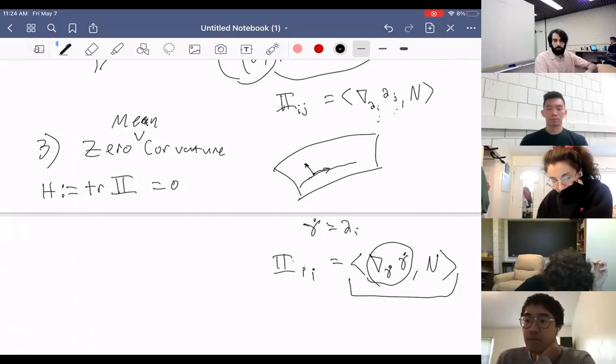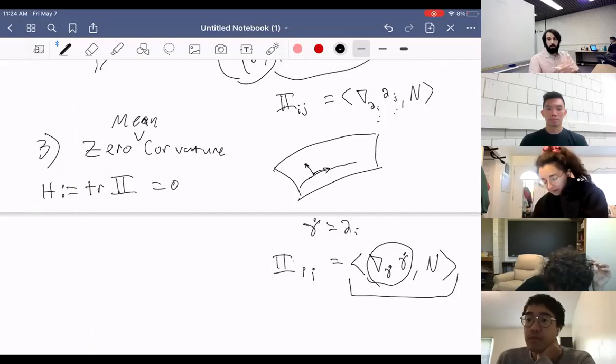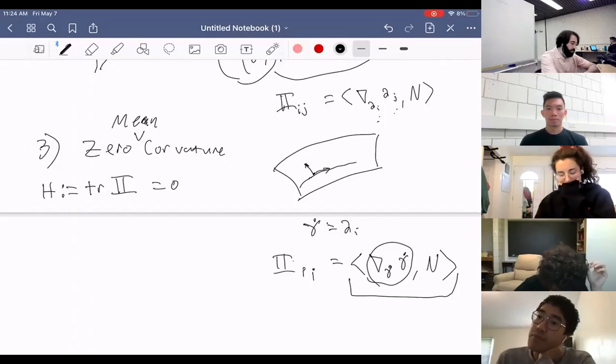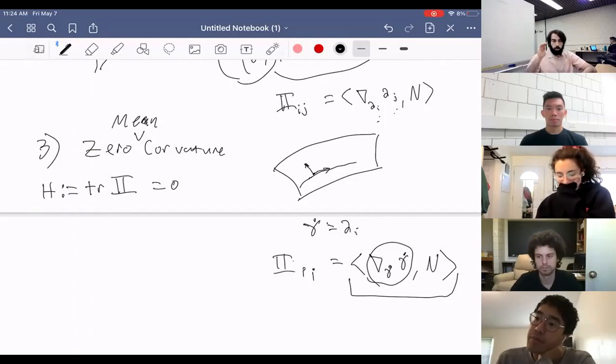We're taking the inner product with the normal vector. So to say that the mean curvature is 0, or that the trace of the second fundamental form is 0, means that in some sense, the average of all of these normal curvatures is going to be 0. Sometimes the curve is going to be curving too much in one direction, and sometimes too much in the other direction.